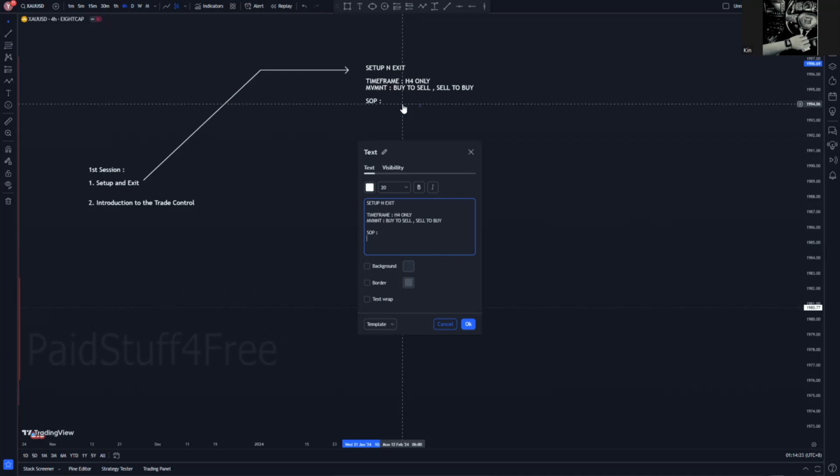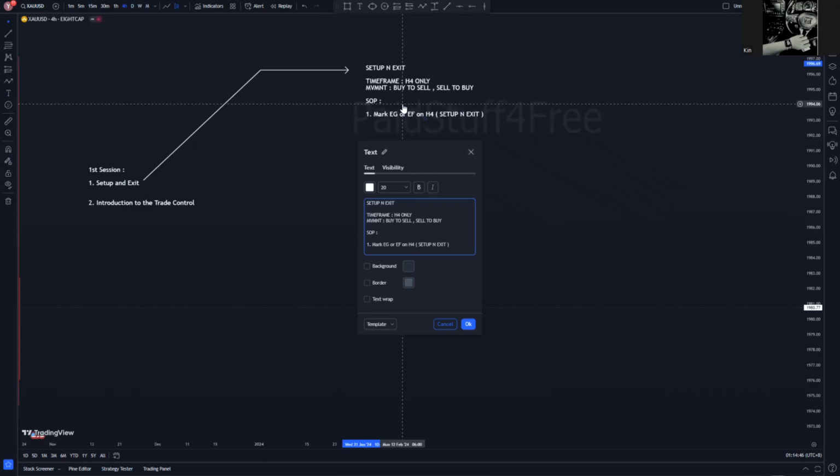The first SOP, number one, is that we need to mark EG or EF on H4 as our setup and exit, whether it's for buy or for sell.